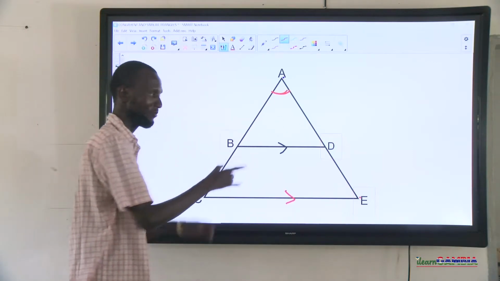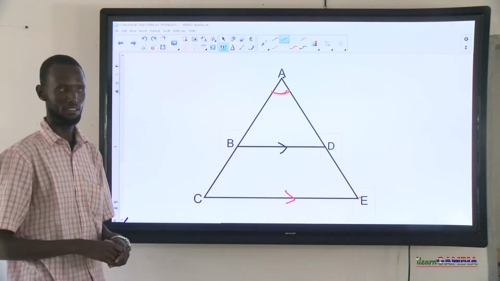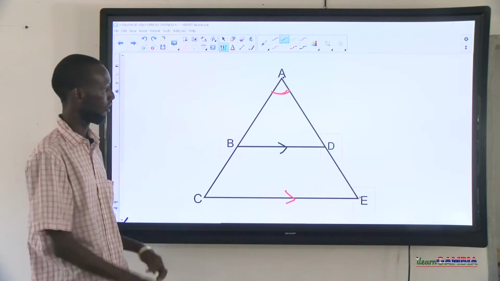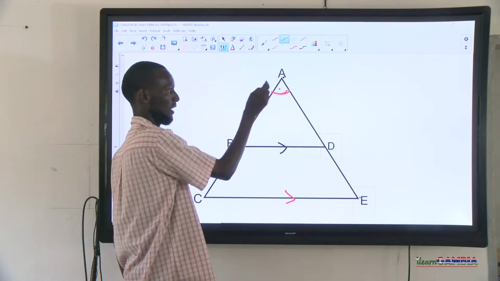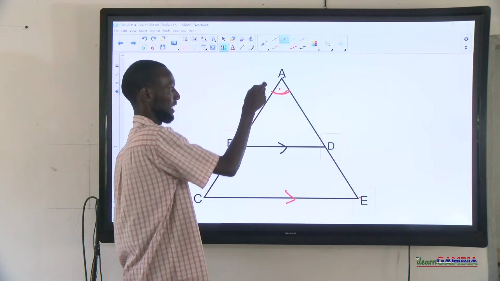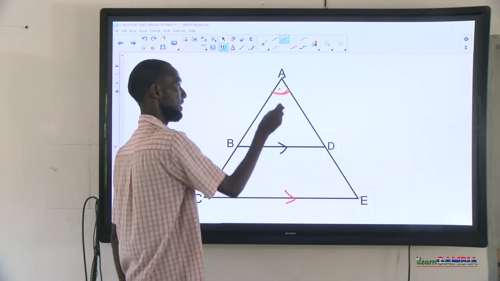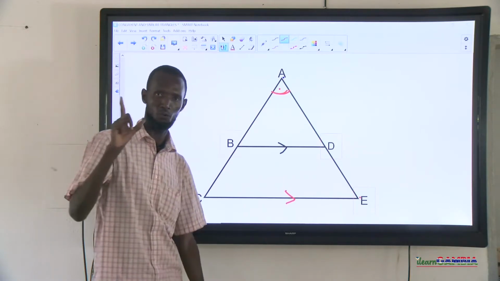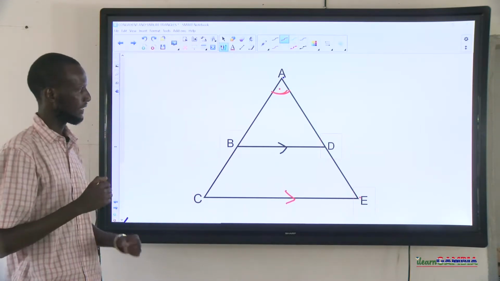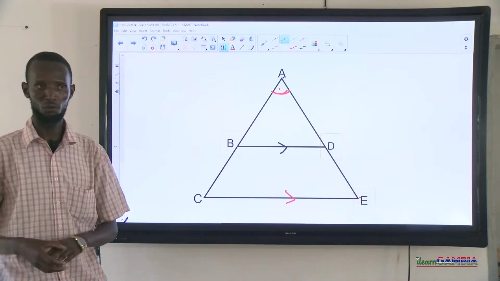it is common to both triangles, all right? They share this angle here. So all of them have this angle A. Triangle ACE and triangle ABD share the same angle, so they have one equal angle already. Now let's see if we can still find more equal angles.